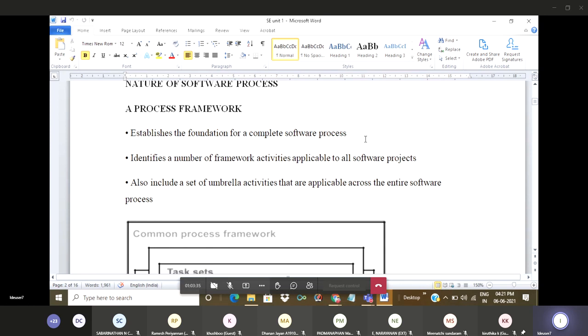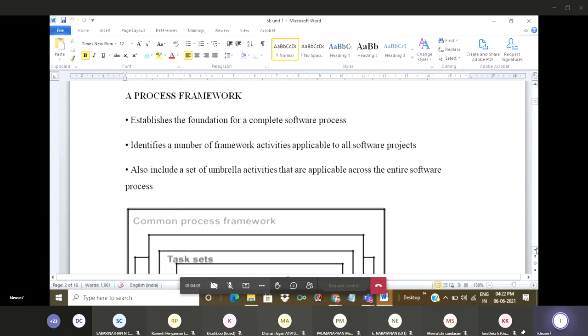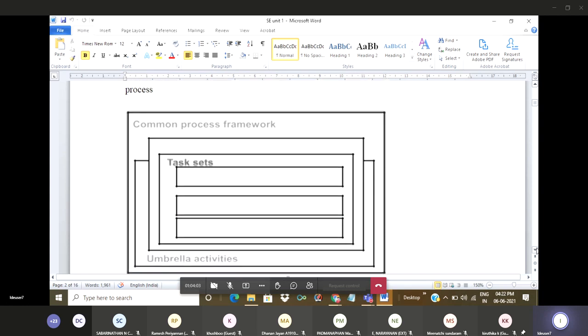The foundation must consist of structure, duration, and labor for the project. It is used to identify a number of framework activities applicable to all software projects. Then it includes a set of umbrella activities that are applicable across the entire software process.